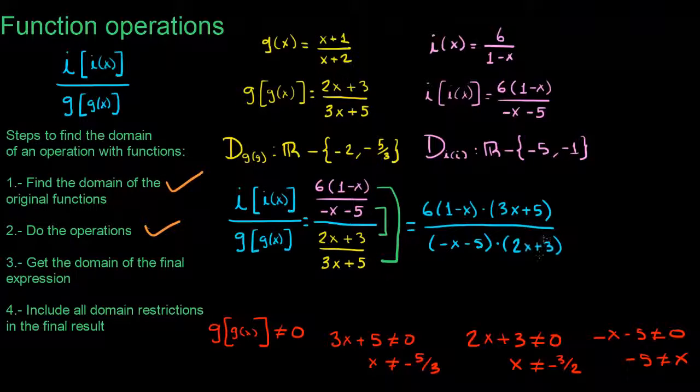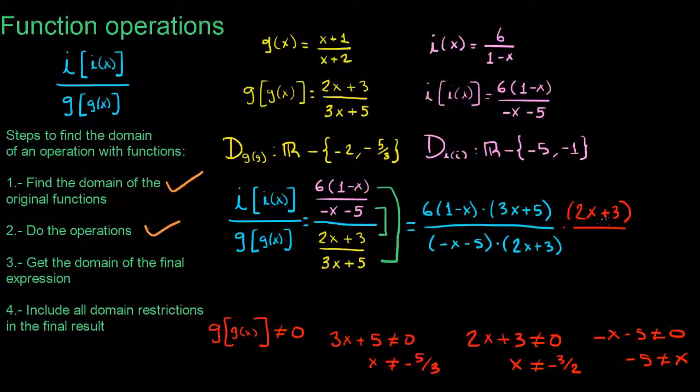I just want you to notice something, because this could be tricky. This term places a restriction that is already placed in here. So it's already included, but I just want to mention something. Imagine you had another 2 times x plus 3 here, and it came from the product of other operations.